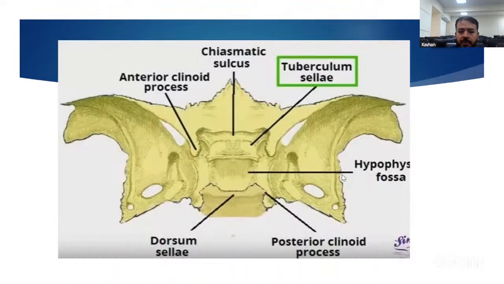And also, this is the same bone: the dorsum sellae and tuberculum sellae, anterior clinoid process, dorsum sellae, and posterior clinoid process. The posterior clinoid and the anterior clinoid process are very important for the meningiomas involving the anterior clinoid process and also the posterior clinoid process. But this is just for the anatomical orientation, not important for the endoscopic intranasal view for the time being.